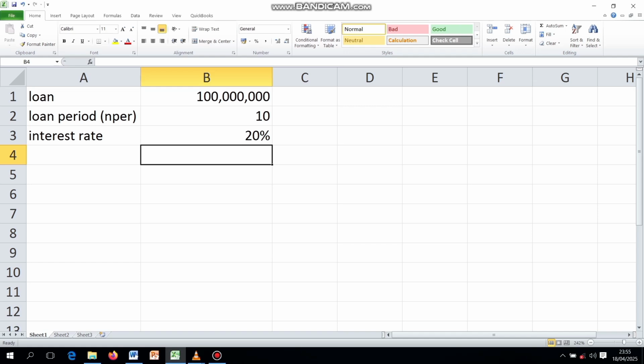Example is the monthly payment, but here we aren't given that. The interest rate is per annum.